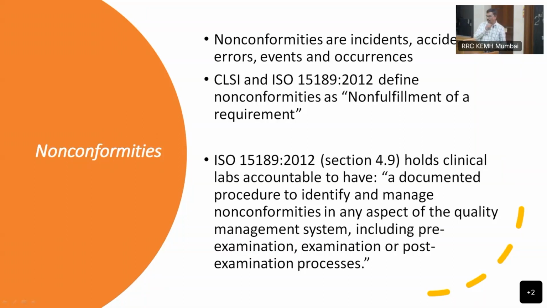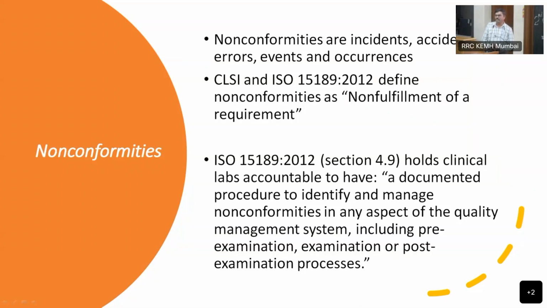Going ahead, the current 2012 standard, clause 4.9, says that you have to do root cause analysis whenever there is any deviation. We call it an incident, accident, error, event, or occurrence. An incident means it has happened, but the harm has not happened.